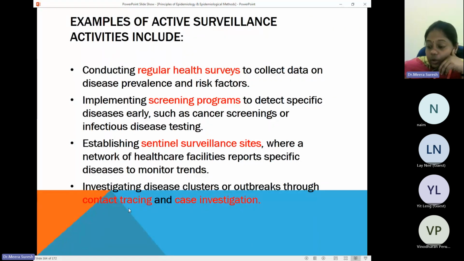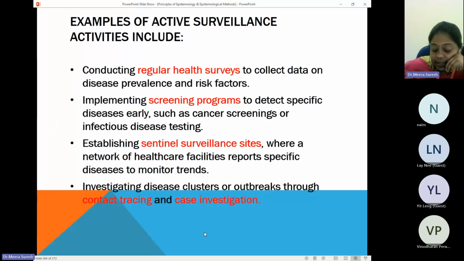Contact tracing is like what happened in case of COVID initially. They had one patient and then they traced which places he had gone. It was called mapping at that time. Even tracing which places he had gone, which people he had met, had close contact with, and then monitoring them. So that also can be done.